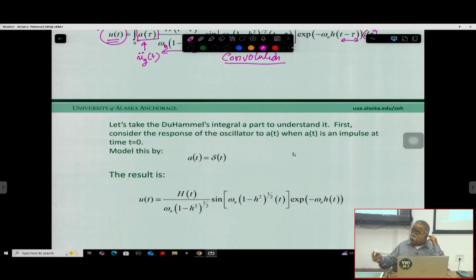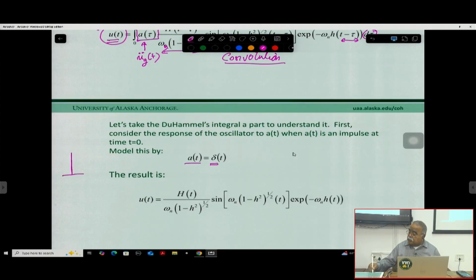So let's see, if we assume that the acceleration is just like a pulse, or the delta pulse, so a(t) will be equal to delta(t), right?